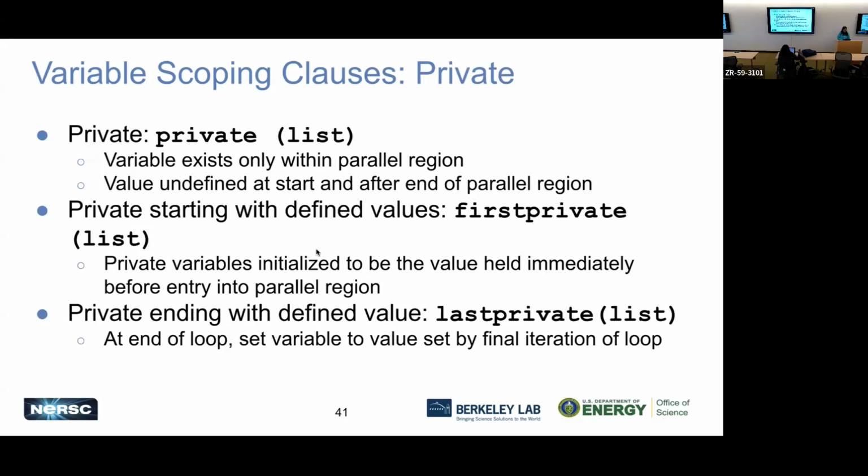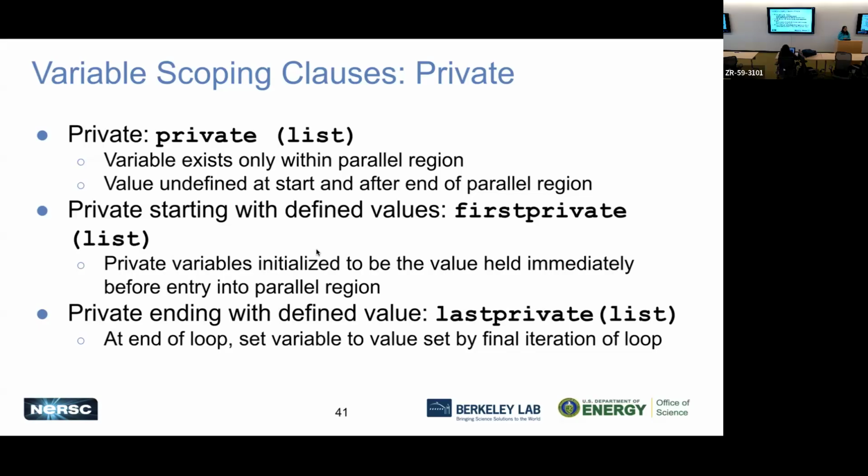Besides private, there are something called firstprivate and lastprivate. What does it mean? If you say a variable is private in your directive line, or you've declared a variable inside the parallel region, then if it's just private, it is undefined. When you enter the parallel region, there's no value.